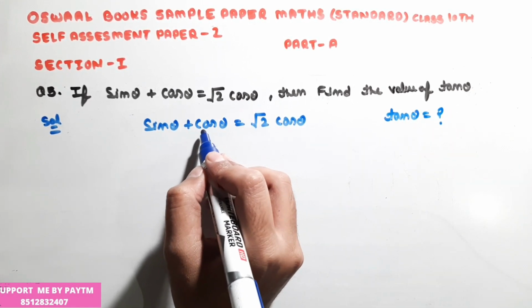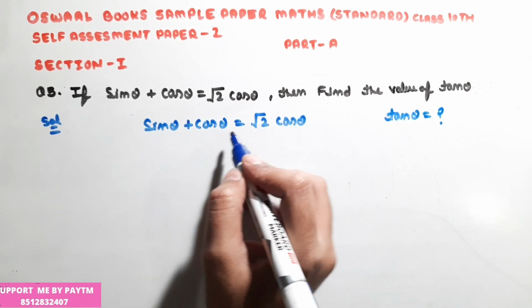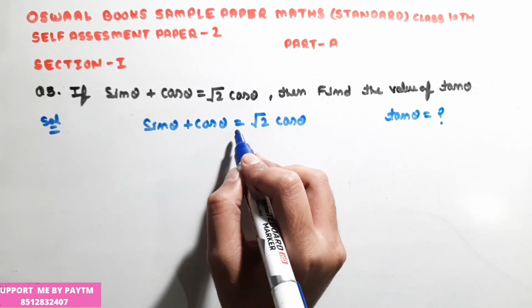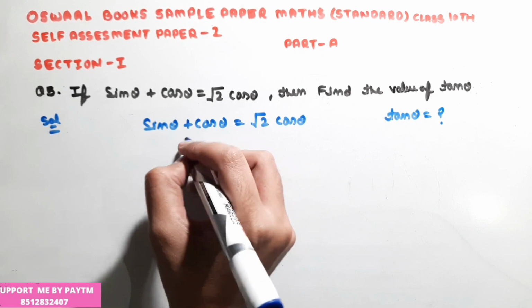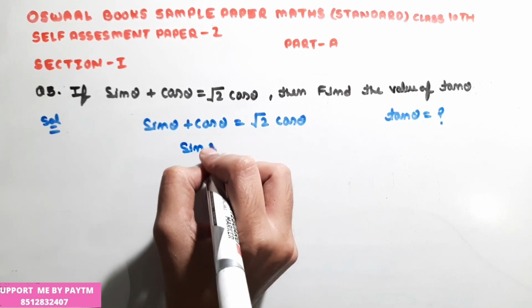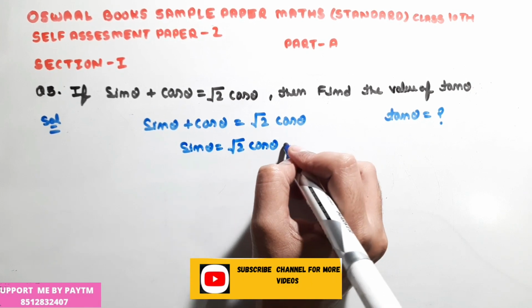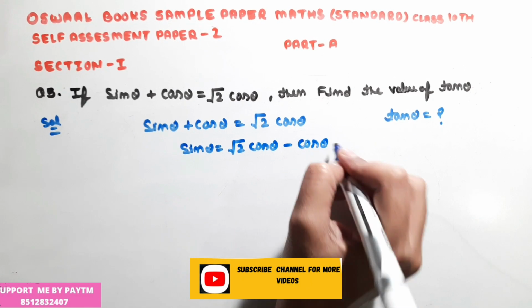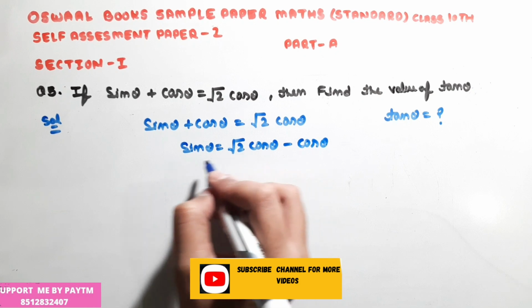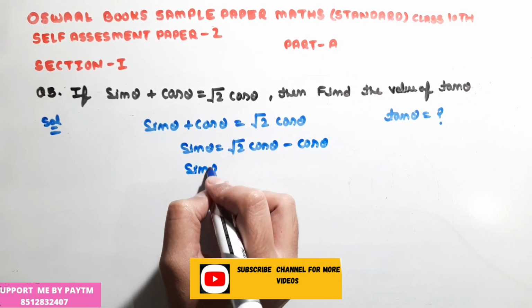From sin theta plus cos theta equals root 2 cos theta, taking cos theta to this side, sin theta will be equal to root 2 cos theta minus cos theta.